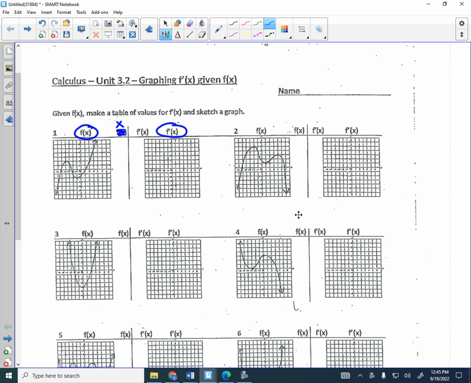So for an x value, as Bree said, of -4, the derivative value is 0. She's correct. So she sees right here at an x value of -4, I have a slope of 0. And at -1, I also have a slope of 0.